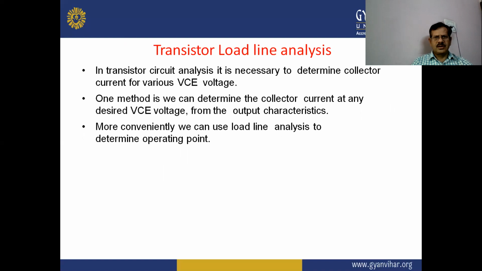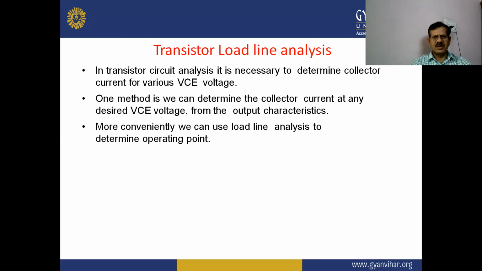Now we discuss the transistor load line analysis. So what is the load line in BJT? In transistor circuit analysis, it is necessary to determine the collector current for various values of collector to emitter voltage.